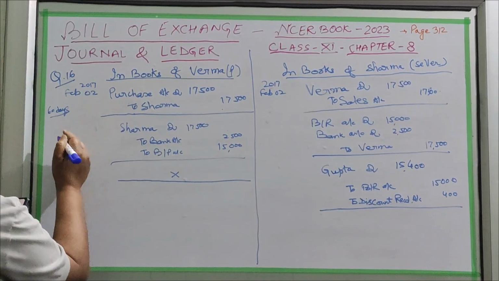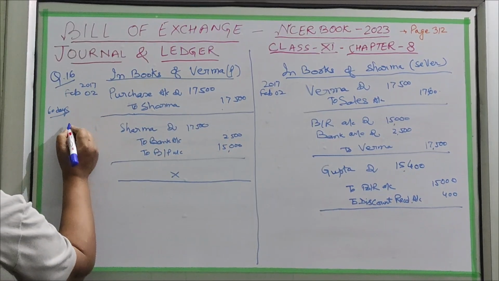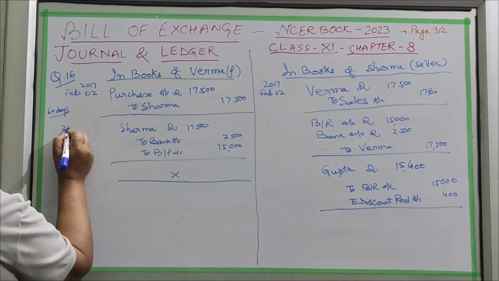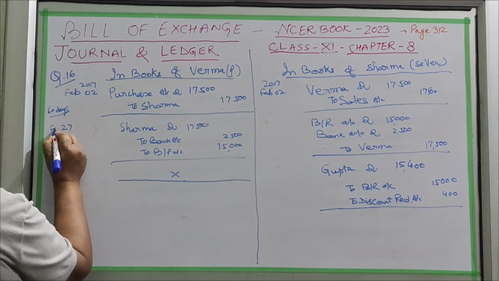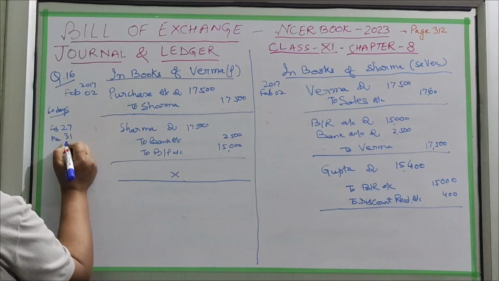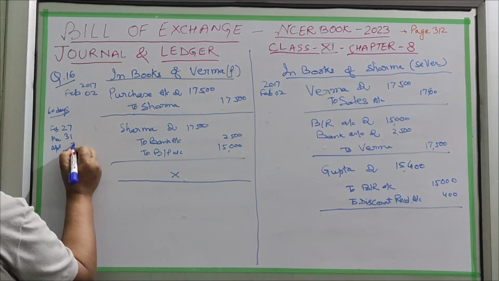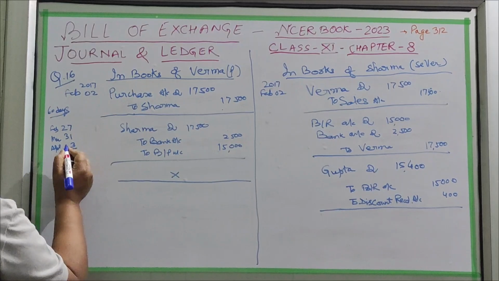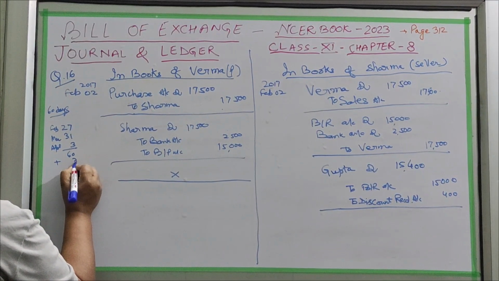Twenty-eight days means now in February, 27 days will be in February, March 31 and April, it should come to 63. So April 3rd, but plus 3 days of grace.